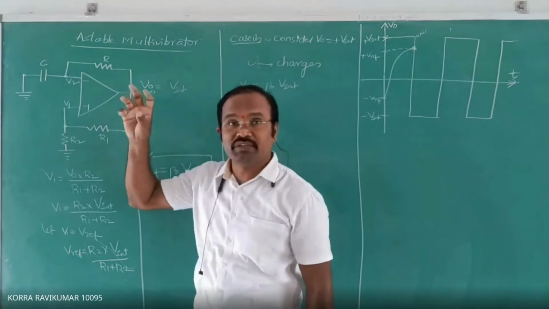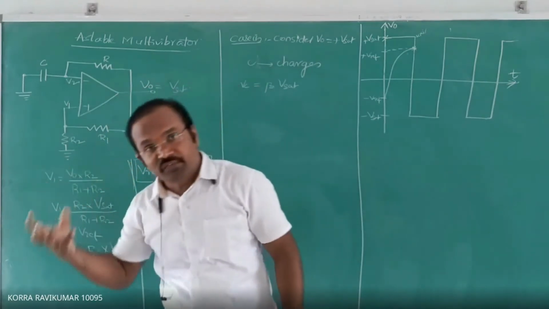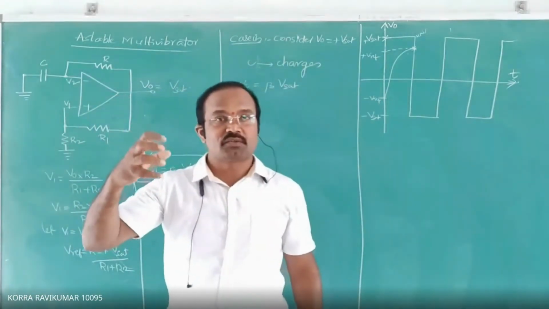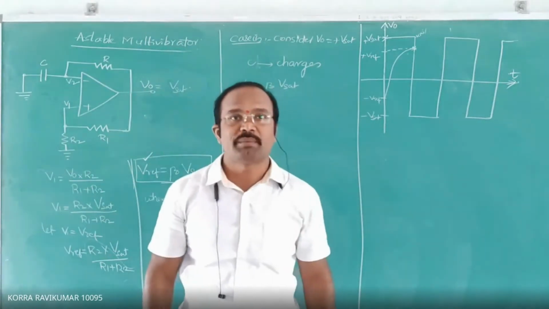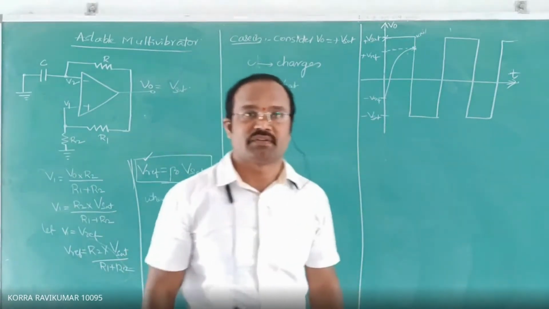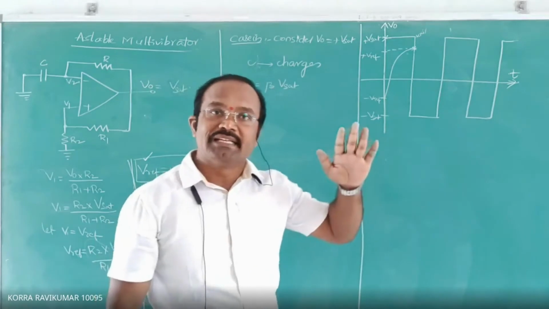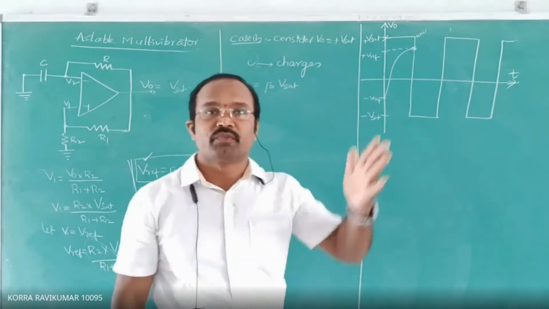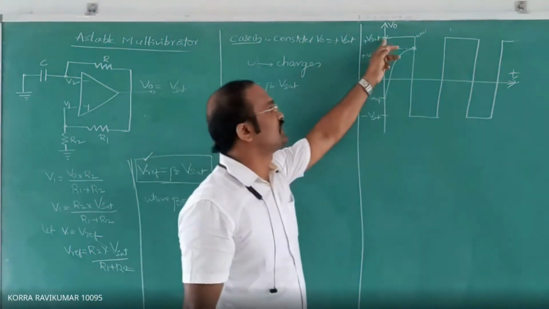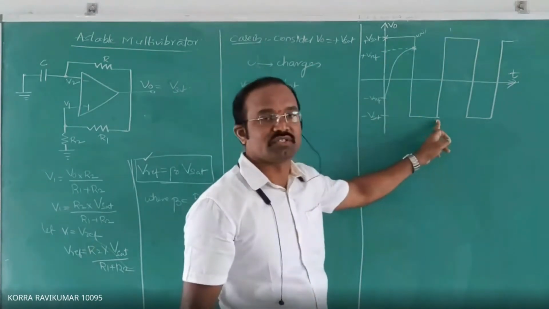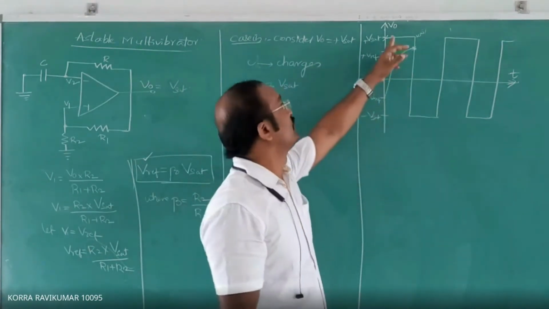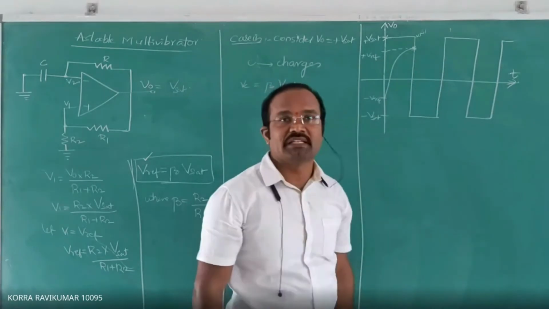V saturation. With that V saturation, if you force the capacitor to charge further, then what happens? The capacitor cannot charge further. Automatically, it changes its value from plus V saturation to minus V saturation.